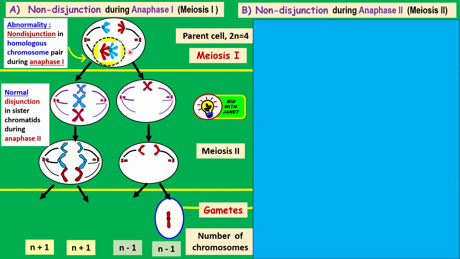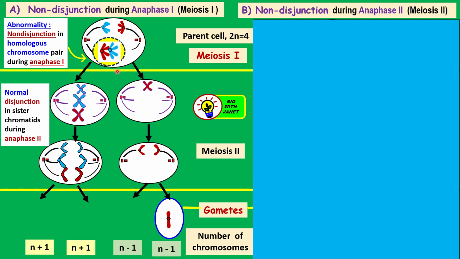But what happens if the spindle fibers do not form in this part of the cell? So the spindle fibers on this side, on the left-hand side, pull the 2 homologous chromosomes to the same pole, okay? So the abnormality is non-disjunction or non-separation of the homologous chromosome pair here in Anaphase 1, and it causes both chromosomes to go to one pole, okay?